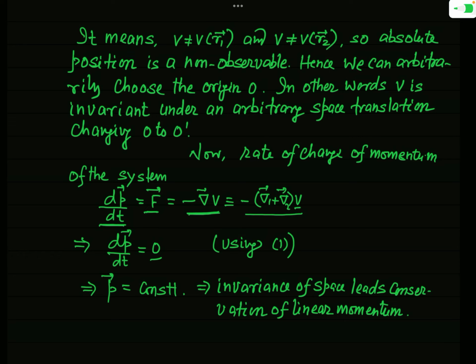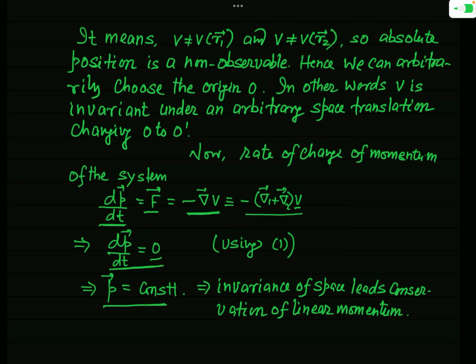So you can see that this dp by dt will be simply equal to 0. Okay. And if dp by dt is 0, you know P will be a constant. It means that the linear momentum of our system is conserved or constant.